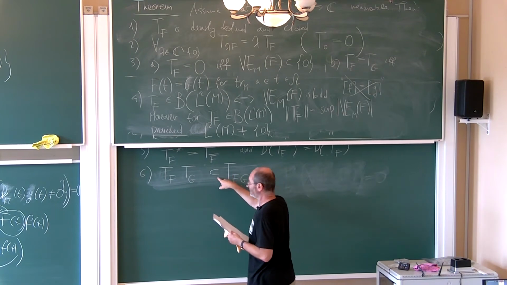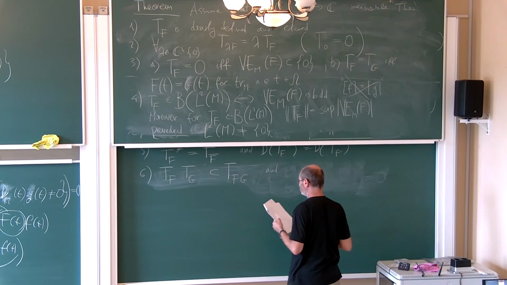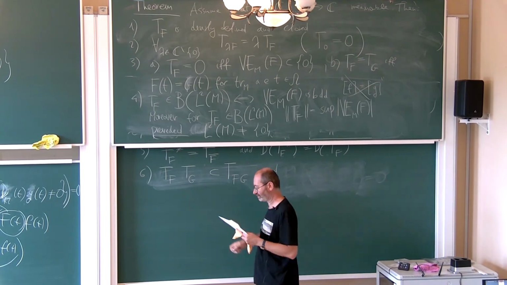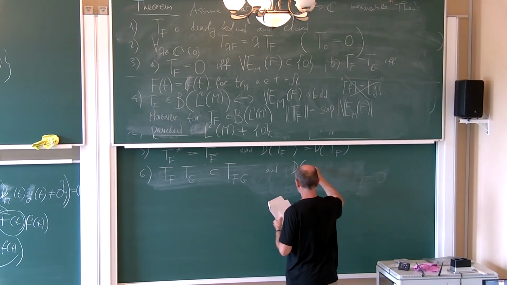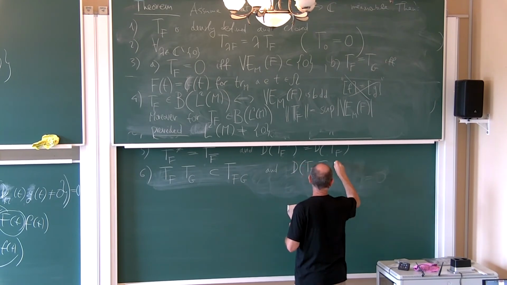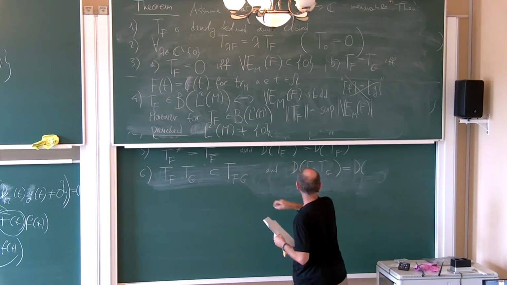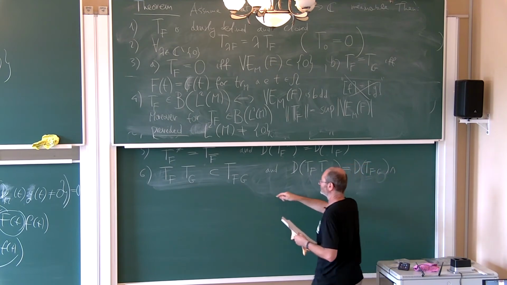So it's contained only, and we can compute the domain of this smaller operator. It equals the intersection of this domain with the domain of the first one.